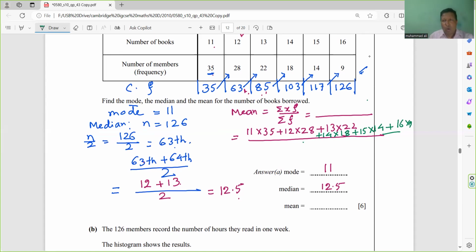Total frequency is 126. That means number of members is 126.